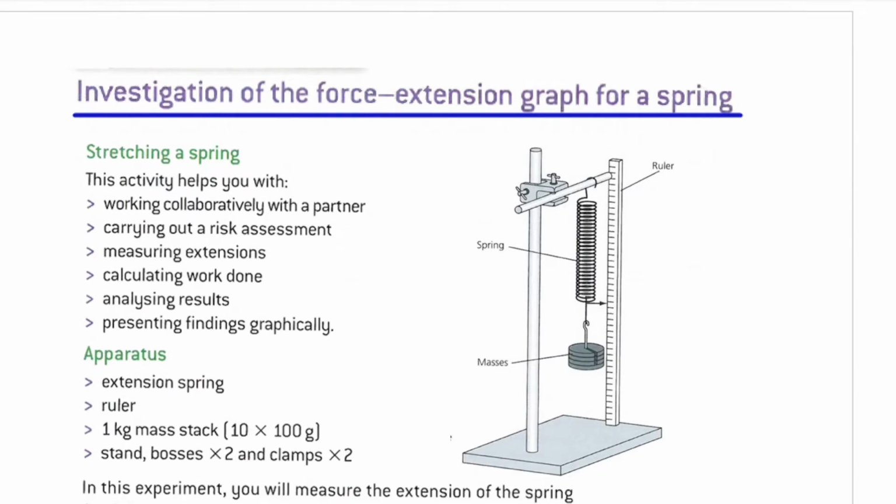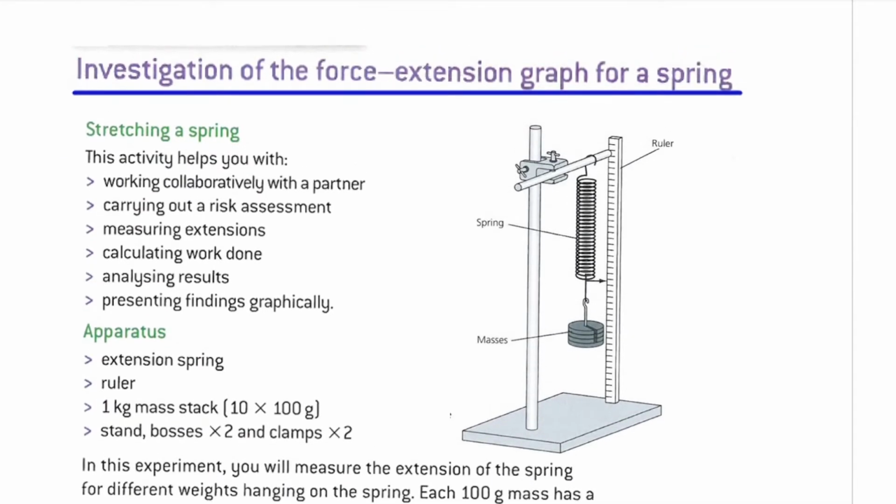Turn on to page 17, please. This is the investigation for this booklet, where you would measure the extension of a spring by adding different amounts of weight or force to the spring.